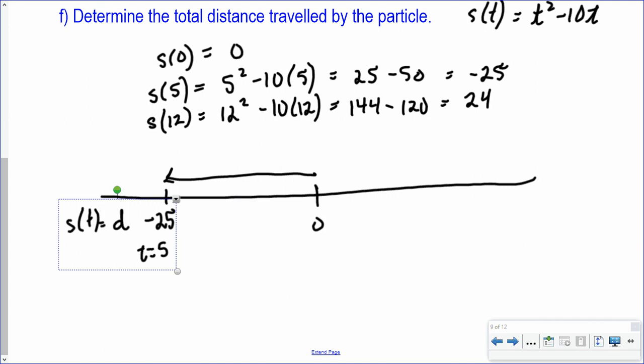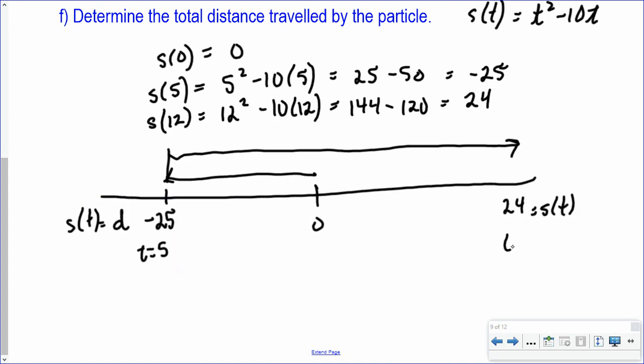So what happens at this point? That's fine, we did that. So at this point I go back to and stop at 24. So 24 goes here, and that's s at t, when t is 12 now.